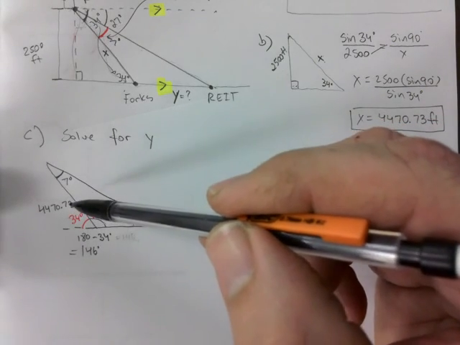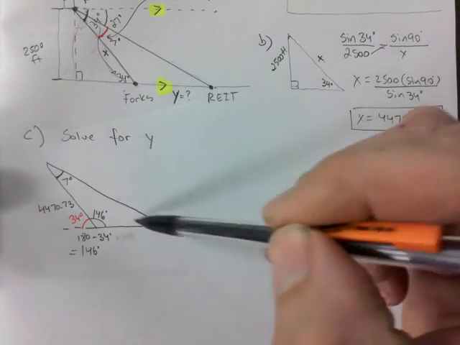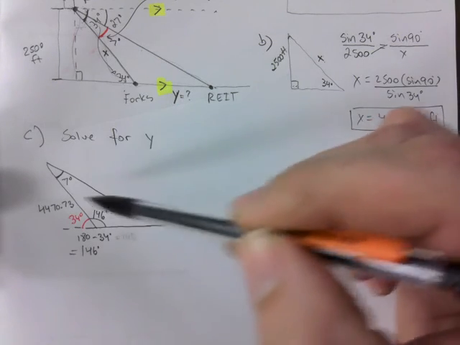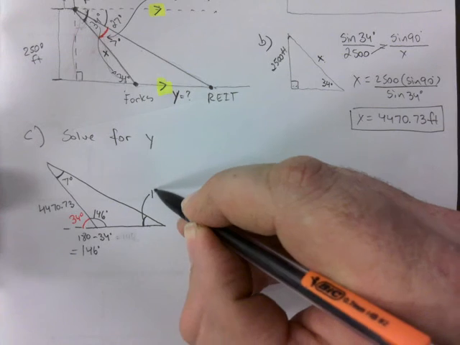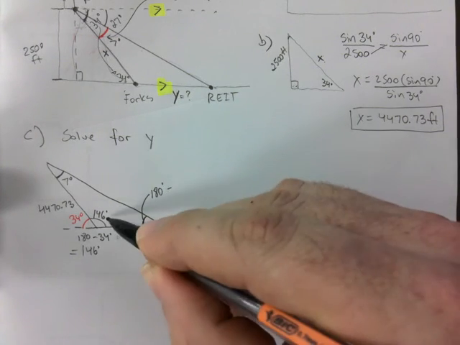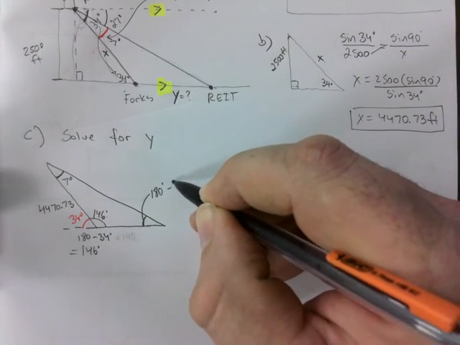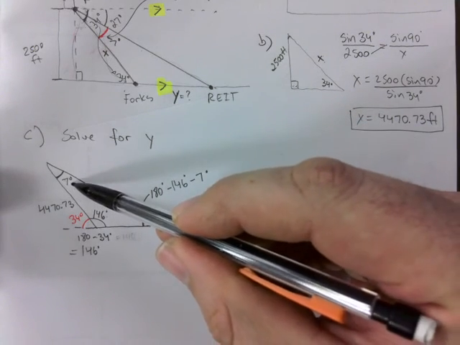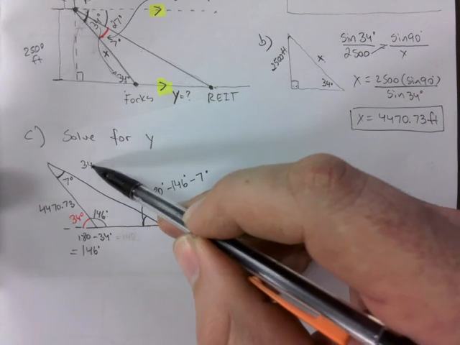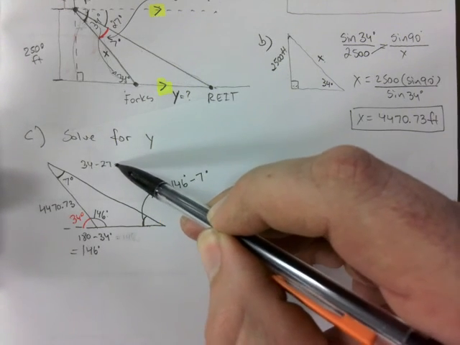And my journey is to find a pair, because right now I still don't have a pair. So this angle right here, I'm going to go 180 minus the 146 I just found, minus the 7 degrees that I found up there. Why don't we do that? 34 minus 27 is 7.